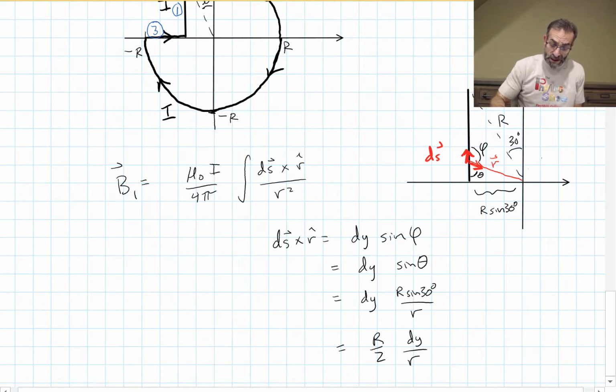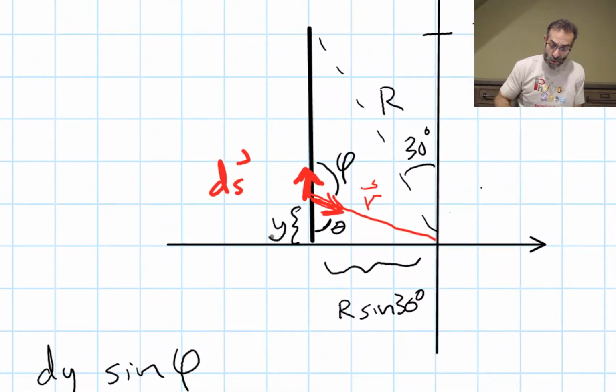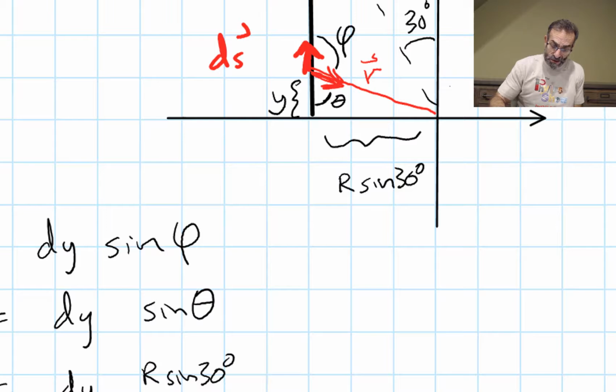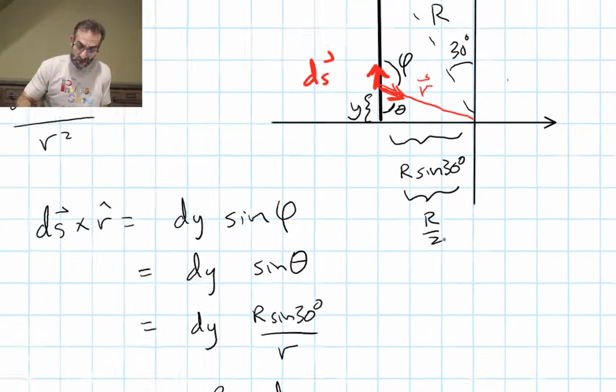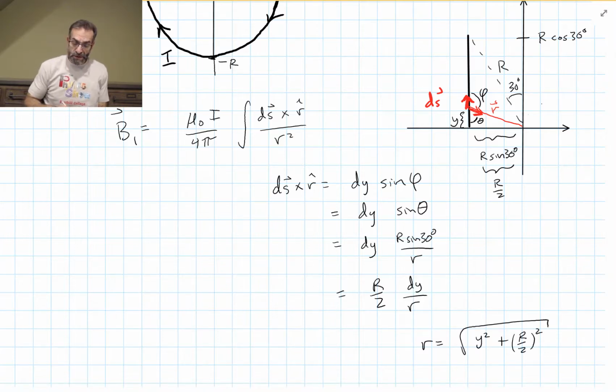And r is going to be, we have a right triangle right there. This is y right here on this side. So r is the square root of y squared plus R over 2 squared.